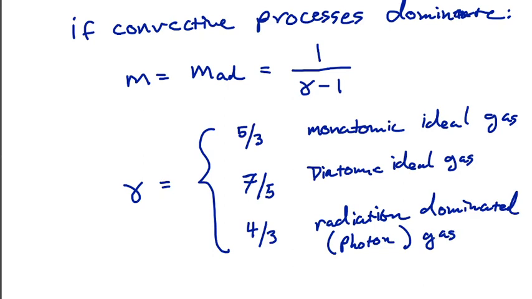If you know that you have an adiabatically stratified atmosphere and you know what the atmosphere is made up of, whether it's monatomic, diatomic, or photon gas, then you can calculate the temperature gradient for the resulting polytrope. But in all cases, that temperature gradient within the convectively, adiabatically stratified portion of the atmosphere will be a constant if the gravity itself is also a constant.